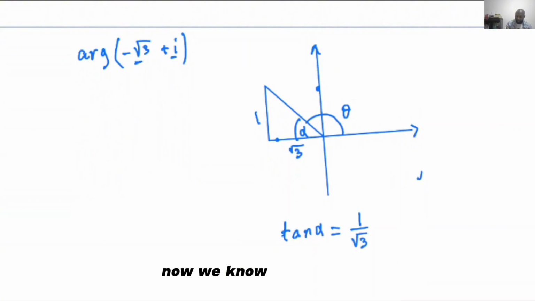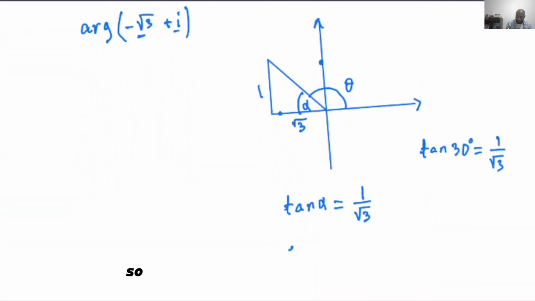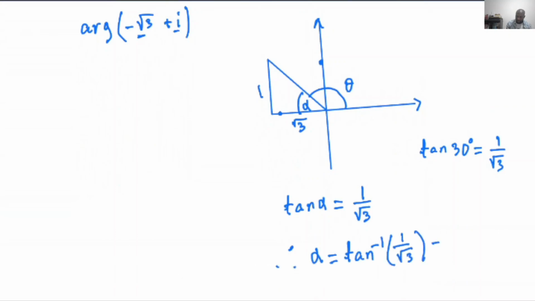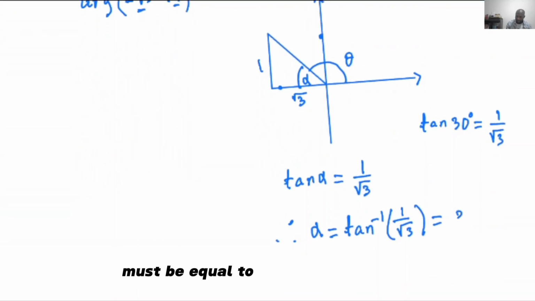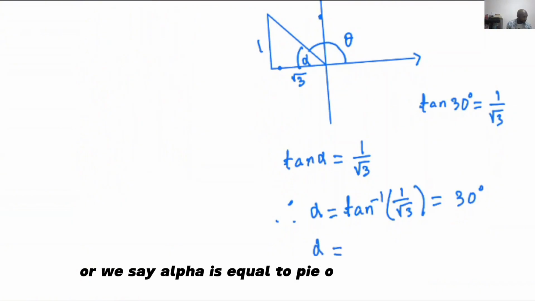Now we know that tan of 30 degrees is equal to 1 over square root of 3. So therefore alpha, which is tan inverse of 1 over square root of 3, must be equal to 30 degrees, or we say alpha is equal to pi over 6.